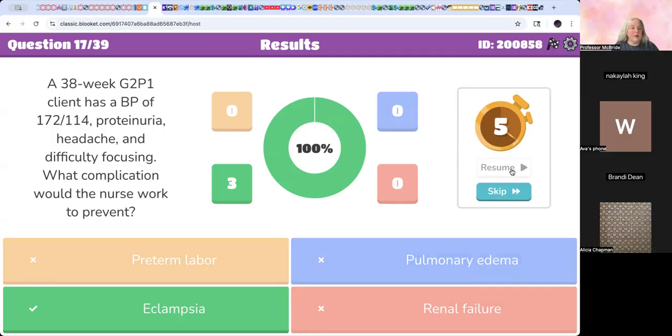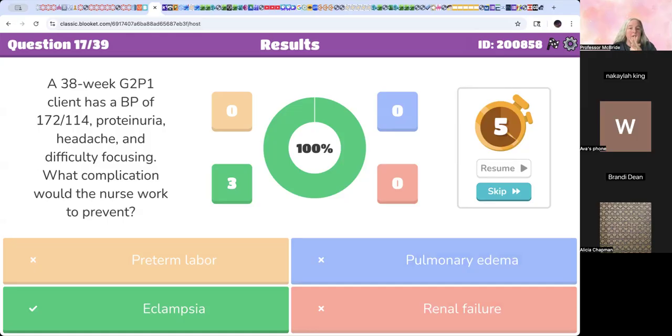It's describing worsening, a seizure precaution. So they're on their way to possibly a seizure, so you want to try to medicate and provide comfort in case they do seize. Okay, good. So she's got proteinuria, headache, difficulty focusing, blood pressure is really high. So she's preeclamptic, and when they're preeclamptic, we're trying to prevent eclampsia, which is the seizure.